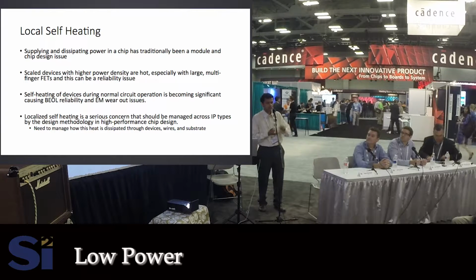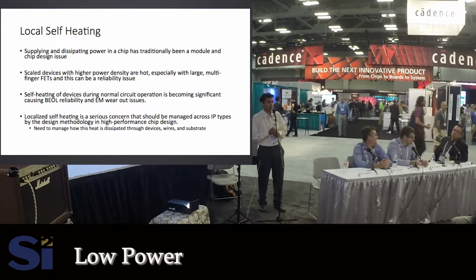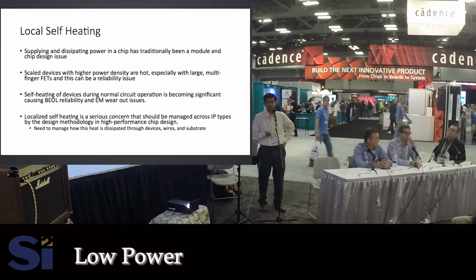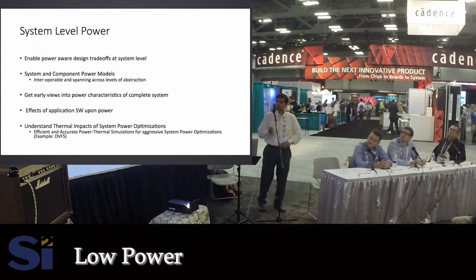I think we had some posters which talk about what we try to do here, but this needs some attention, and definitely needs to be addressed in the design methodology.